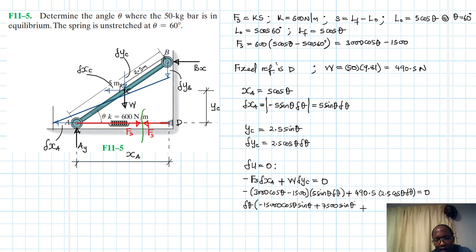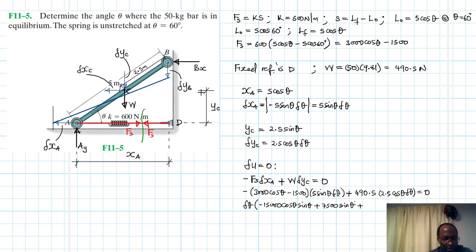Okay, and then we have a plus 490.5. Let's multiply that also, 490.5 by 2.5.